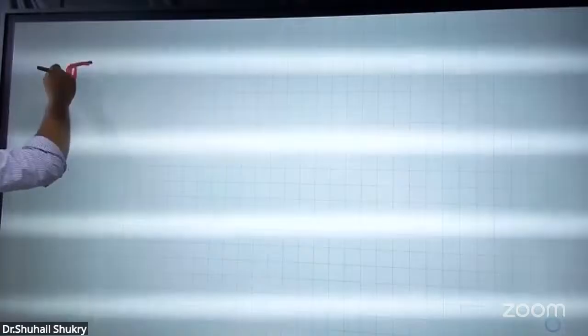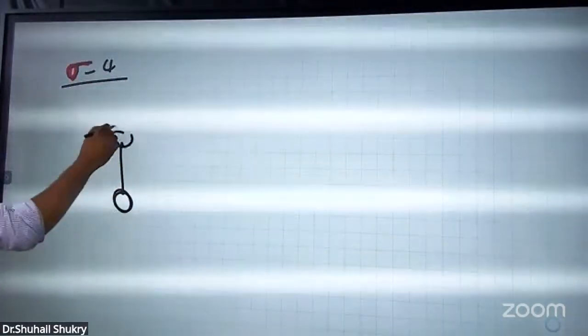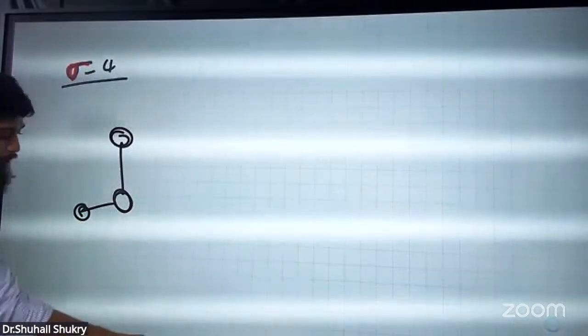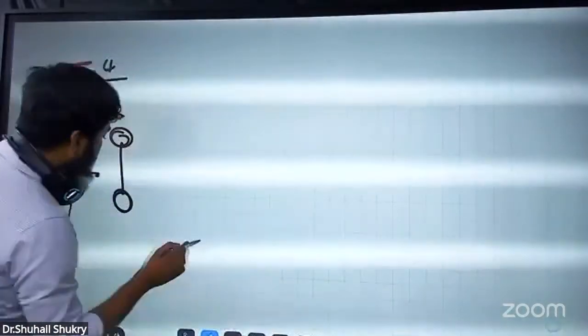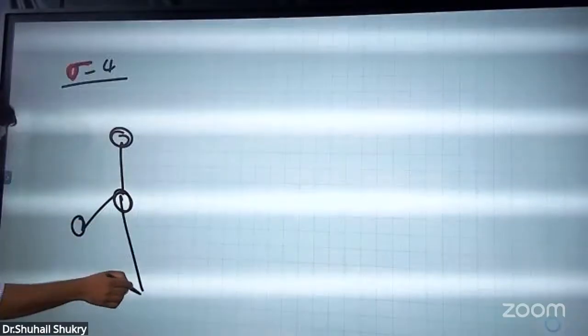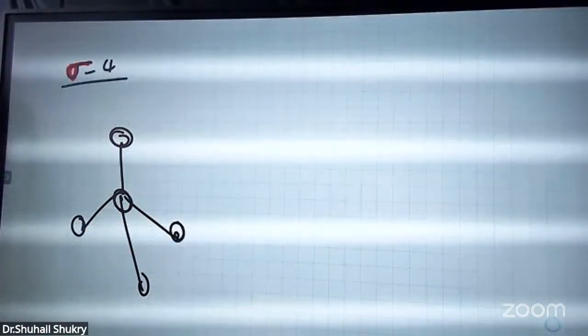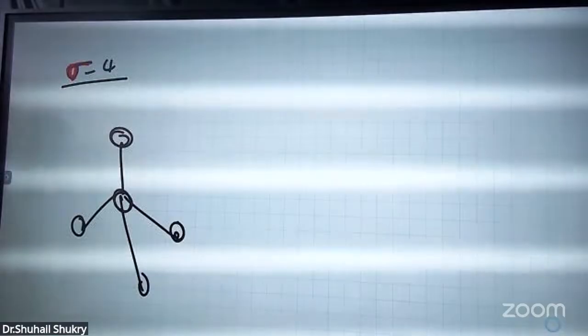Right. Now, guys, we'll come to sigma 4. What is the sigma 4 shape? Tetrahedral. You know how it was? One is like this, and the other 3 things: one here, one here, one here. These are like a tripod.